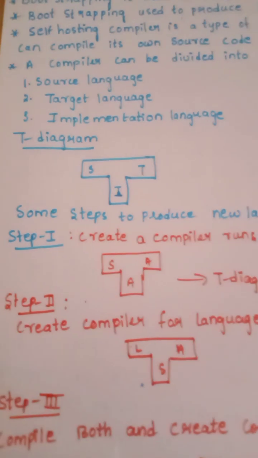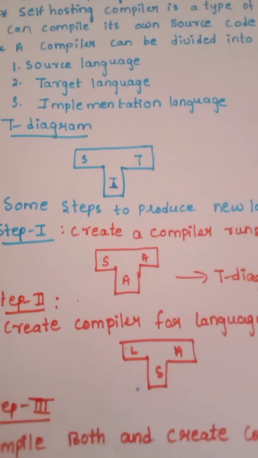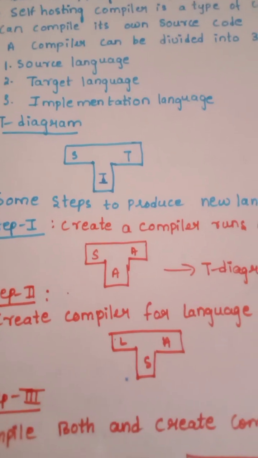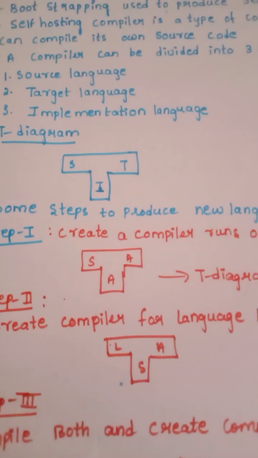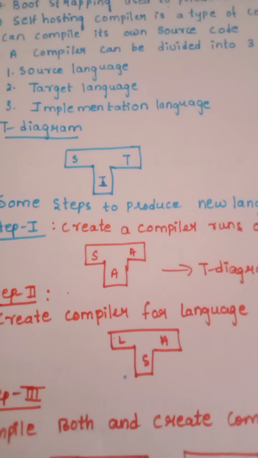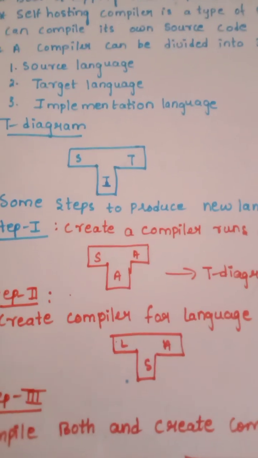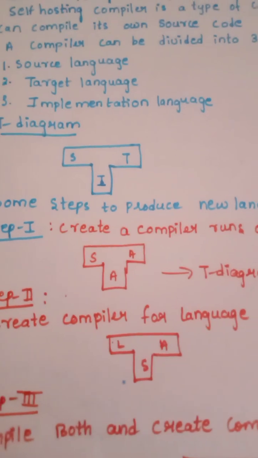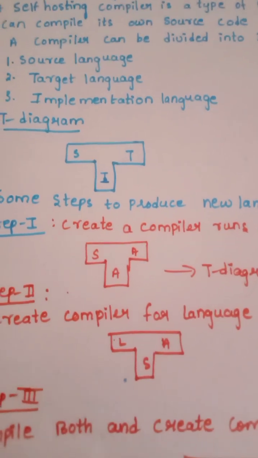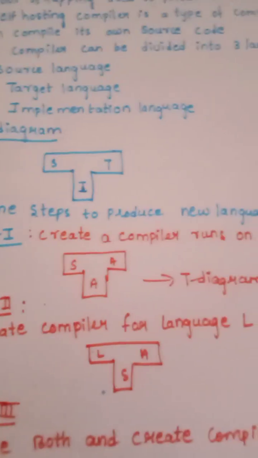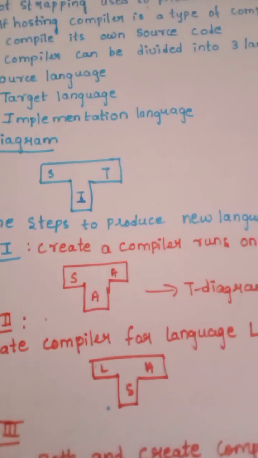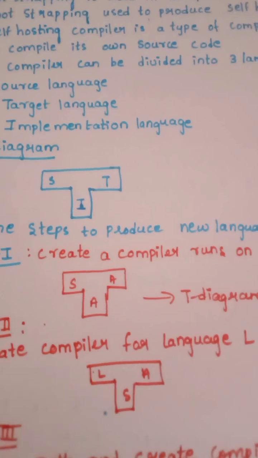So let us see what a T diagram is. The T diagram contains these three languages: source language, target language, and implementation language. The T diagram is represented in a T shape, and S denotes the source language, I denotes the implementation language, and T denotes the target language.